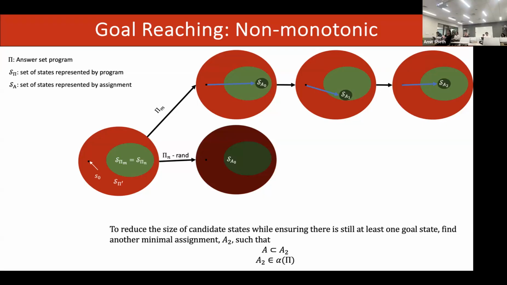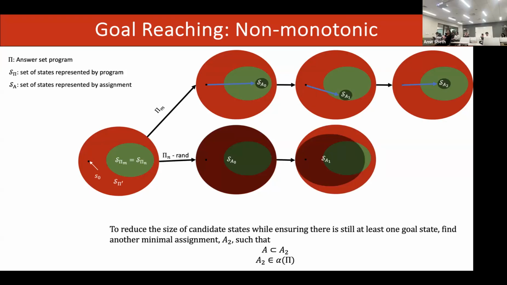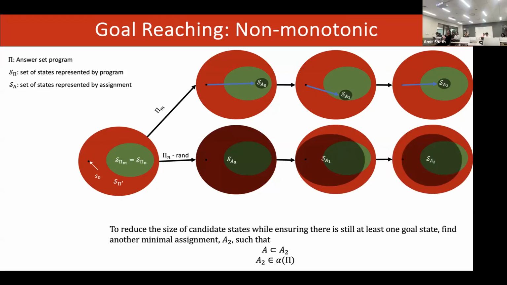And it could then say, okay, I found a path, but remember, we can check whether or not something's a goal state. So we can check and say, okay, that's not a goal state. Then I can refine this set of states and look for a subset of this, and I find a subset.